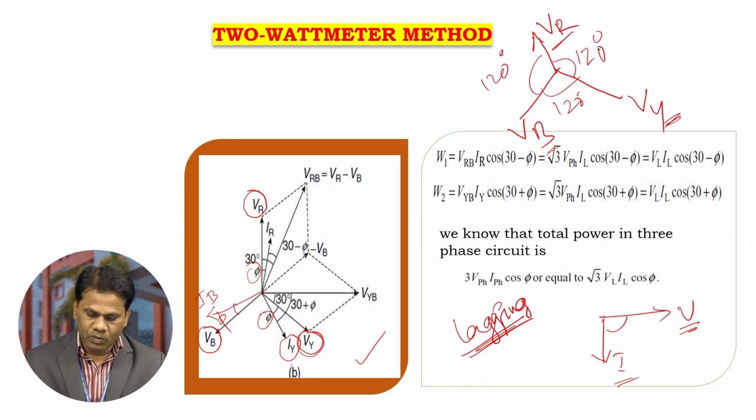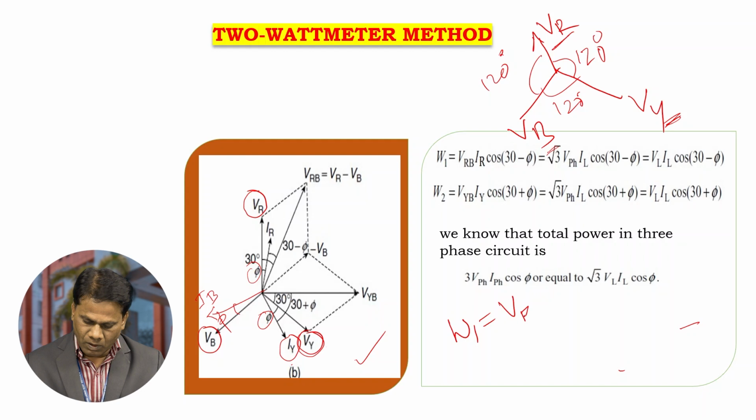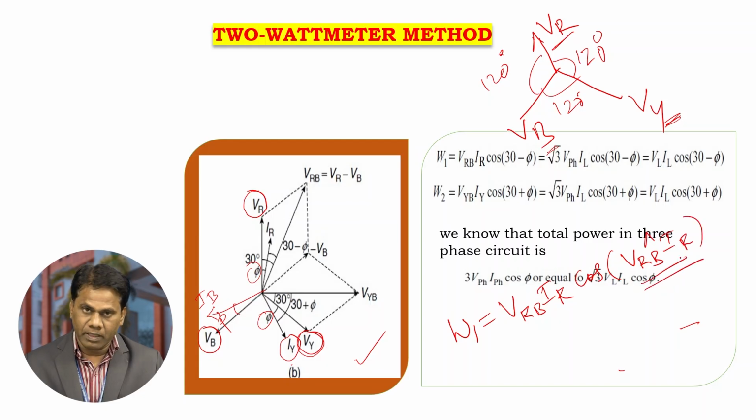So in order to find the wattmeter reading, for example W1, W1 is nothing but the voltage VRB times the current in line R times the cos of the angle between VRB and IR. So we need the angle between VRB and IR.